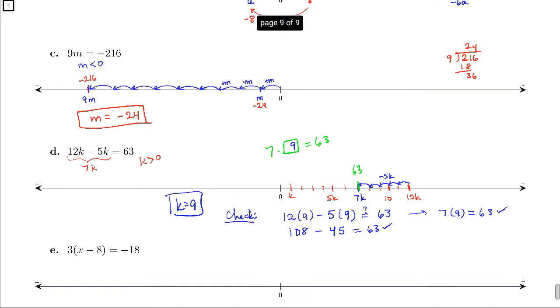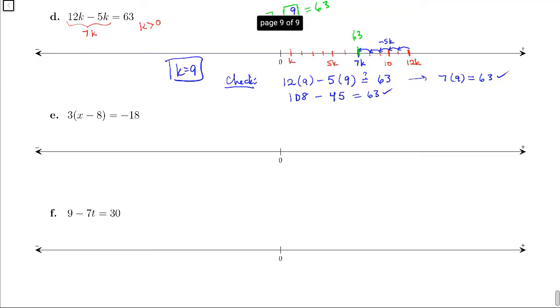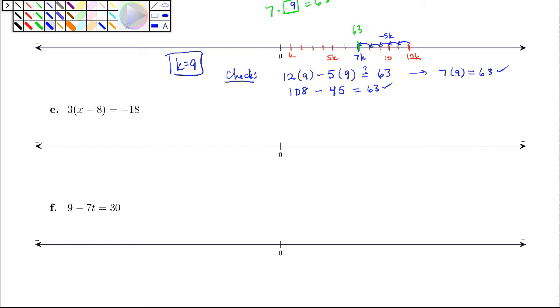All right. So here's a funny one. This one is going to take some thought. So if I have an x here, and I subtract 8, well, I don't know.